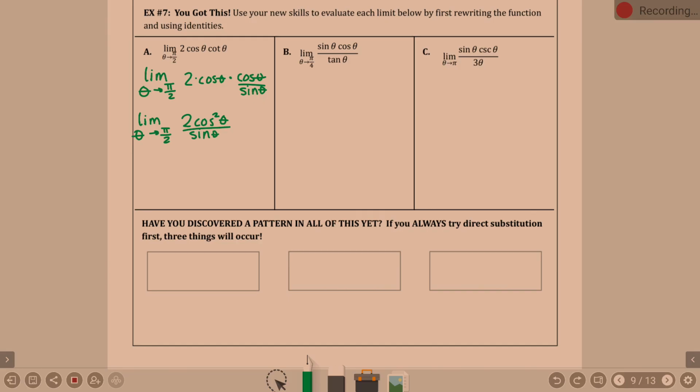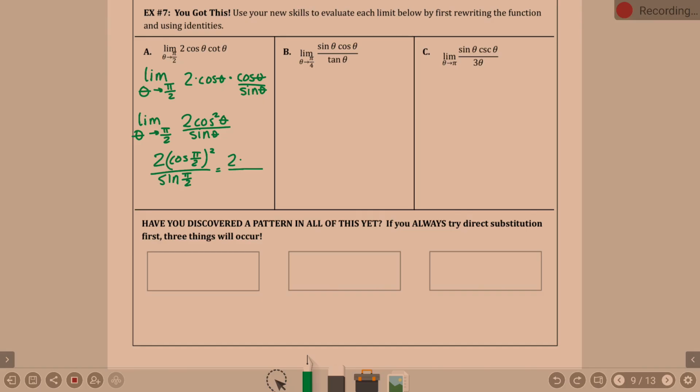And let's try and plug in the pi over 2 and see what happens. So 2 times cosine of pi over 2 squared over sine of pi over 2.